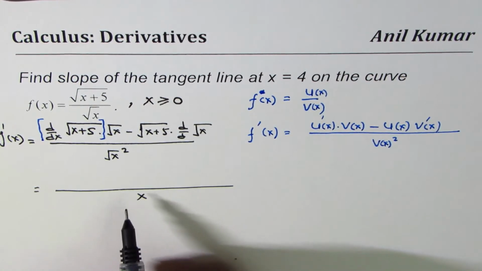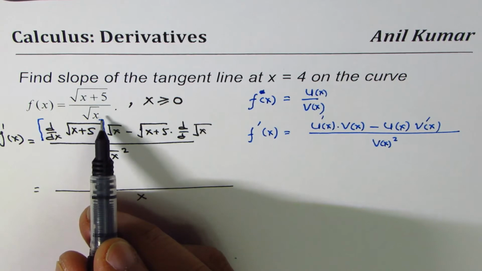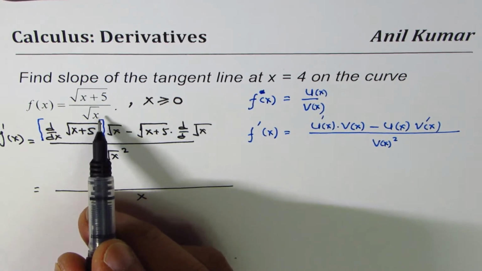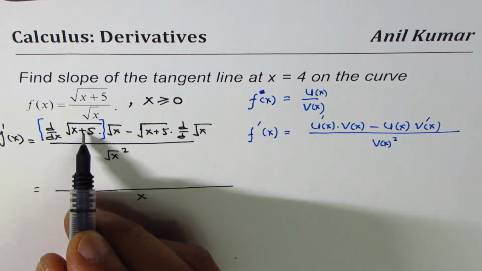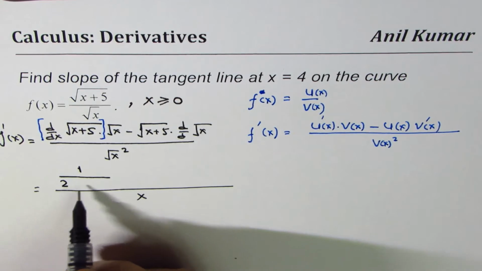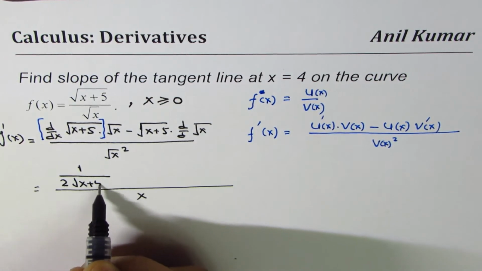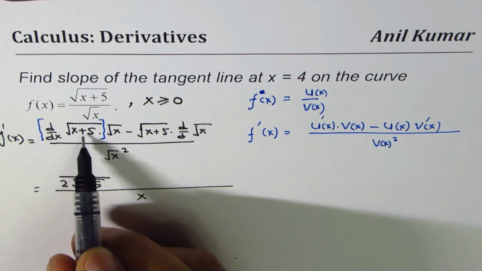So what we can do here is treat this as x to the power of half. Half minus 1 is minus half. I'm cutting down on steps here and writing the derivative of this function as 1 over 2 square root x plus 5. Not very difficult, but I've missed a few steps. That's the derivative of this function.